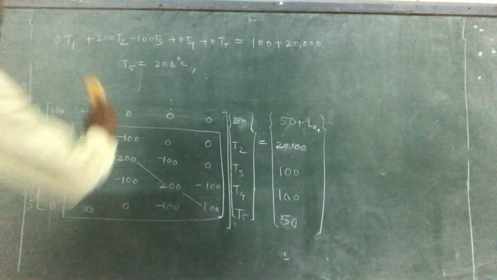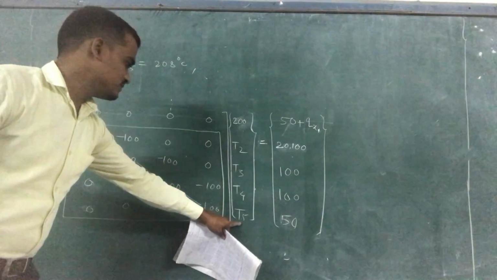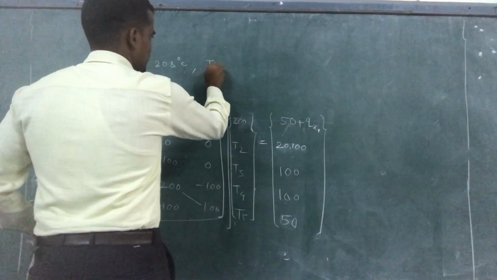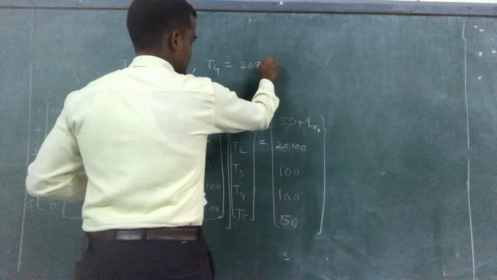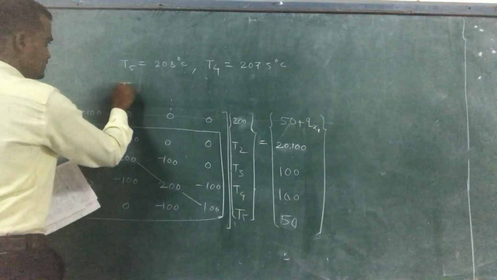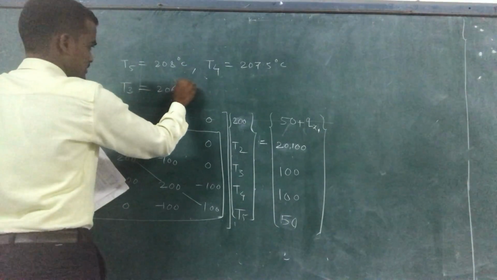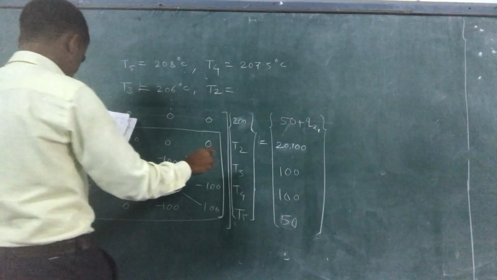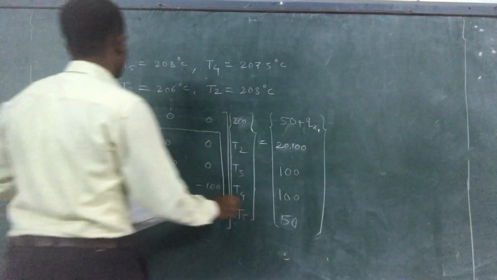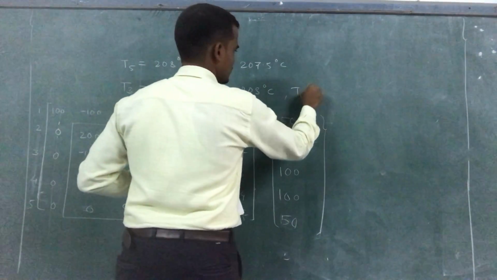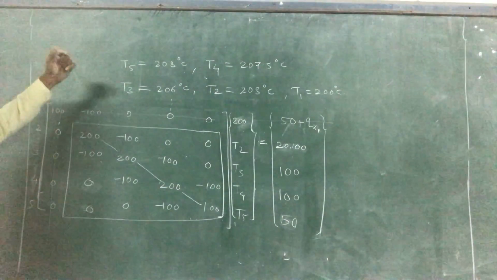Then you will get T4, equal to 207.5 degrees Celsius. Then T3 is equal to 206 degrees Celsius, and you will get T2 equal to 203 degrees Celsius. As we know, T1 is equal to 200 degrees Celsius. So in this way you will get T2 to T5 values.